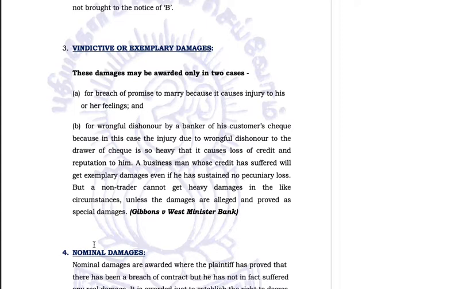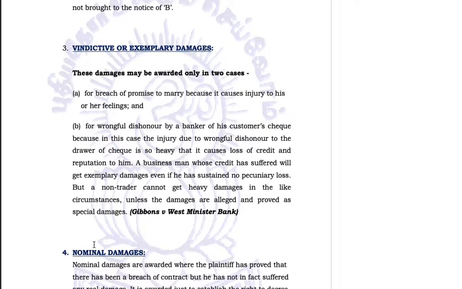I mean, these are damages for satisfying the ego of someone else, when someone's honor or reputation has suffered. Like if a newspaper is publishing false news about someone, definitely that man's reputation is socially damaged. So now he can seek damages for that loss caused to his reputation. These are vindictive or exemplary damages.